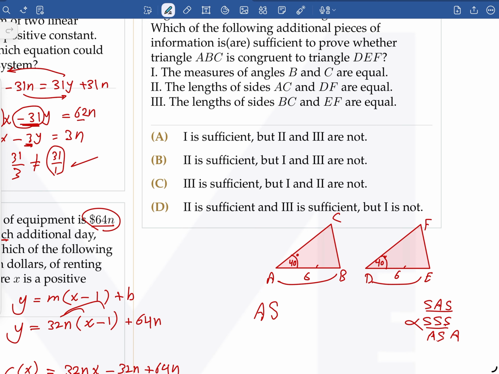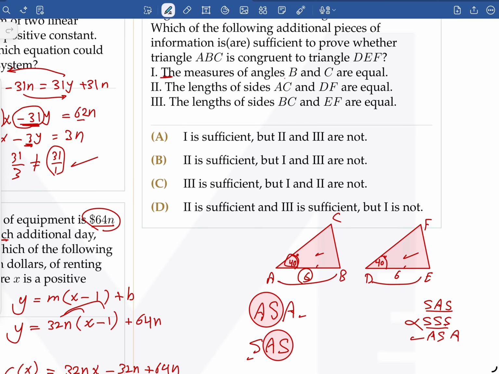So we need to have ASA, so we need to search for another angle, because we already have A and S. A is the angle, S is the side. Or maybe SAS, we have A and S here, so we are searching for a side. So we search for an angle here equal to an angle here, or a side here equal to a side here.